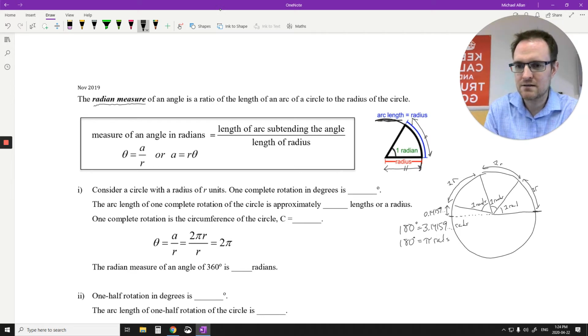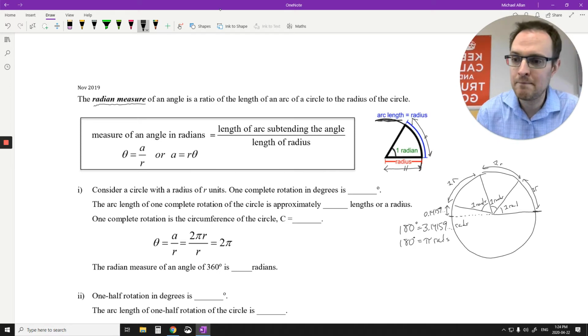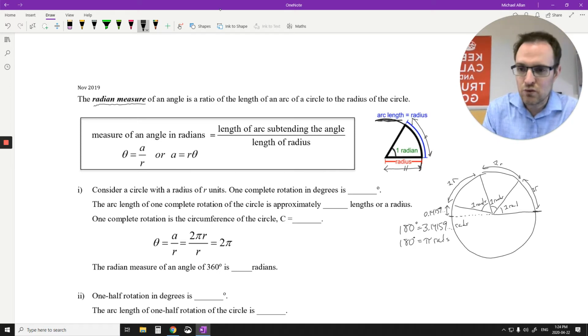Pi pops up everywhere else. Now, I wouldn't say it's the exact definition of it, but this is one place where you can actually calculate pi. It's how many radiuses I can put around a circle to get half a circle, or if I want to go the whole circle, I can just times everything by 2. 360 is 2 pi rads.